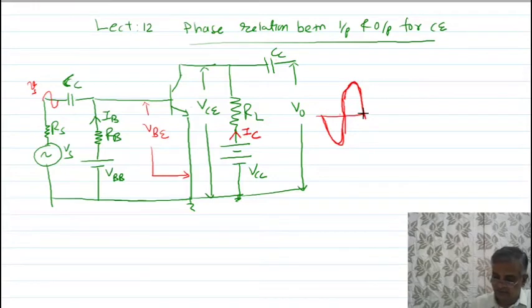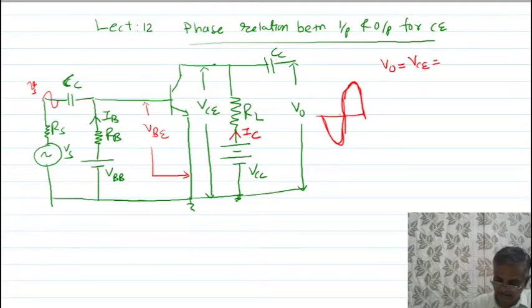Now the equation of the output voltage I am writing. VCC is nothing but the voltage ICRL plus VCE.